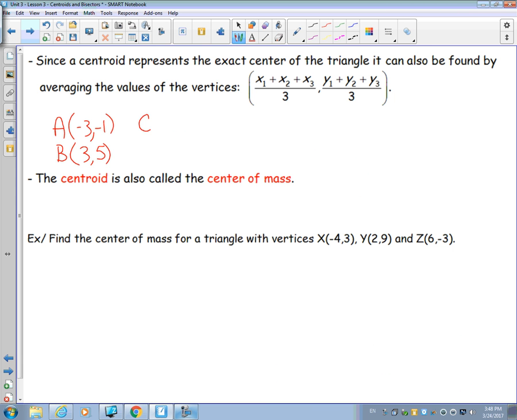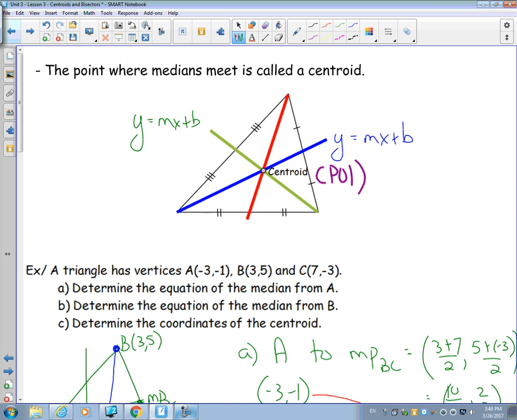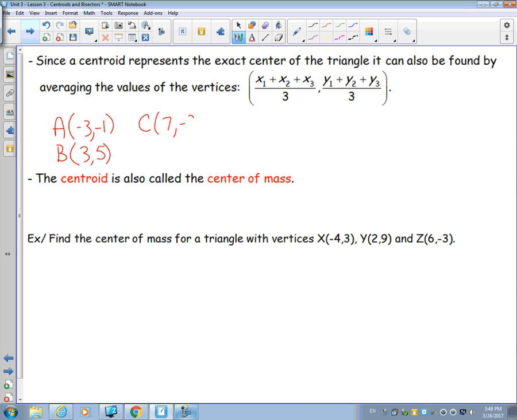And we had C, (7, -3). And our centroid was 2.3333 and 0.3333.